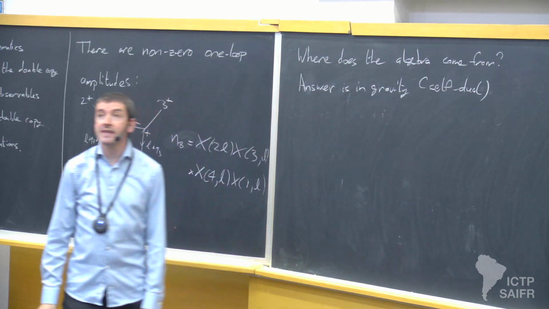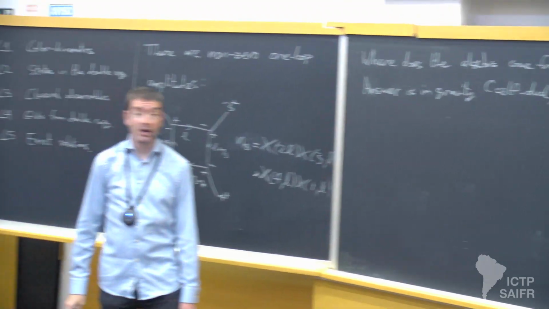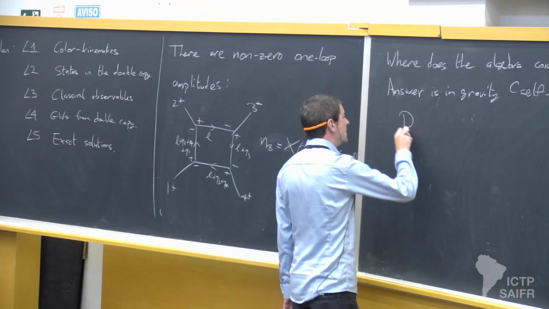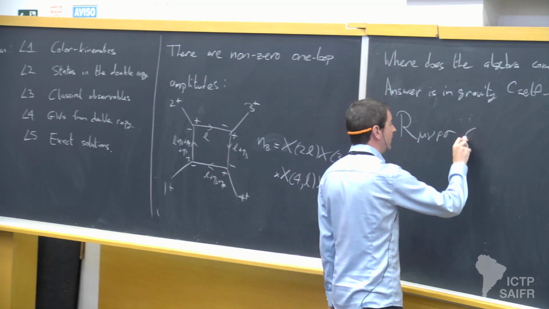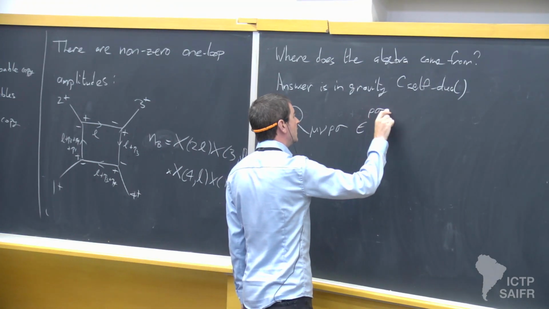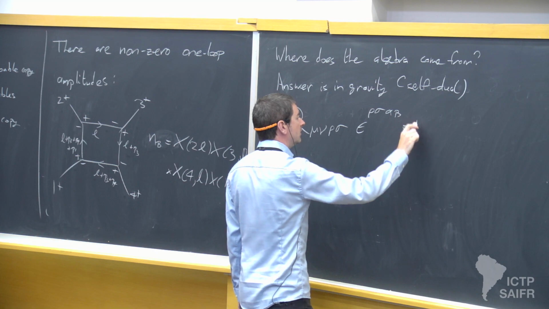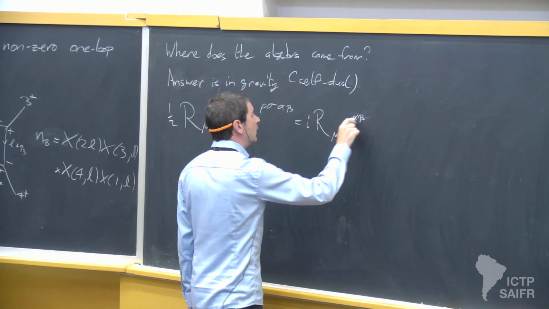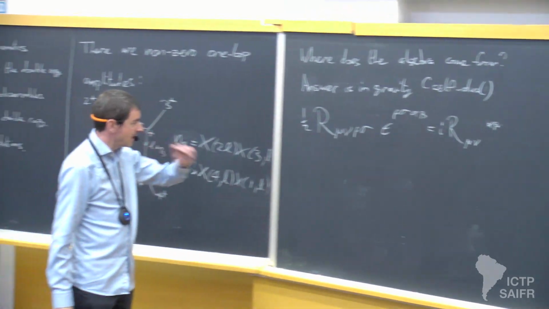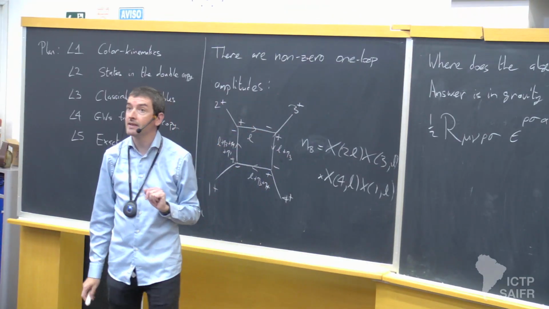So we have to impose the same equations or similar equations in gravity. So the self-dual equations in gravity are something like this: R_{ρσ} = half epsilon_{ρσαβ} R^{αβ}. I'm not sure about these factors, but something like that makes sense.